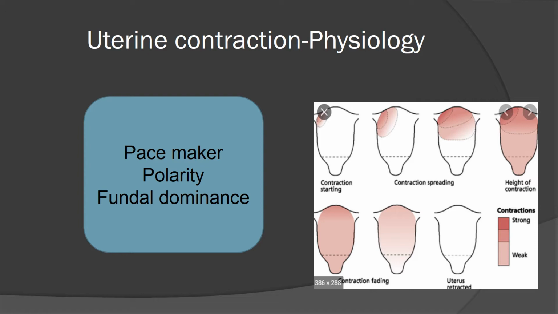And there is something called polarity of the uterus, which means the neuromuscular coordination of the contraction. Here, the contractions start from the fundus, where it is the strongest, and as it spreads downwards, the strength of contraction weakens.